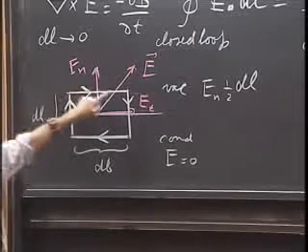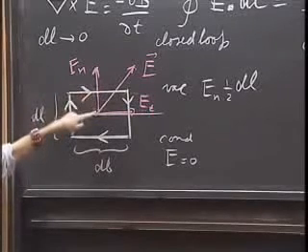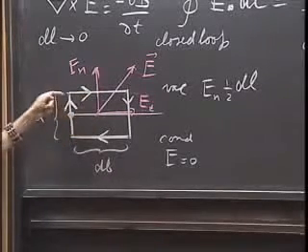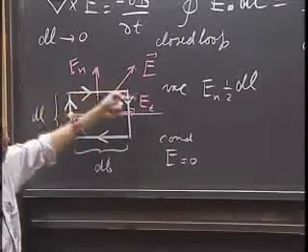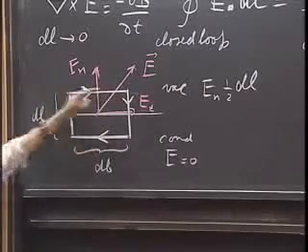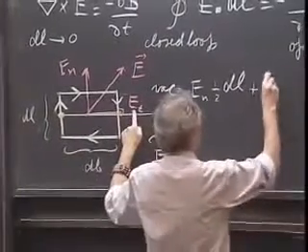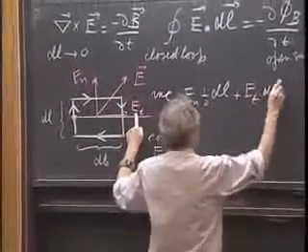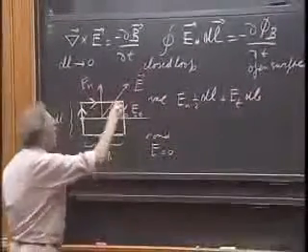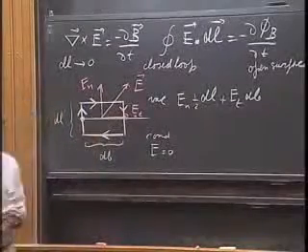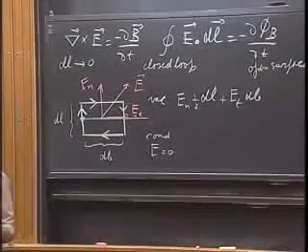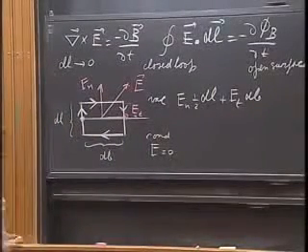So now I go from here to here, and now of course E of n has no effect because it's perpendicular to dl. dl is a vector in the direction that I'm moving. So now I only deal with E of t. So now I get plus E of t times dB. And now I'm here and I go down. So now E of n is up, but I go down, so the dot product creates a minus sign.